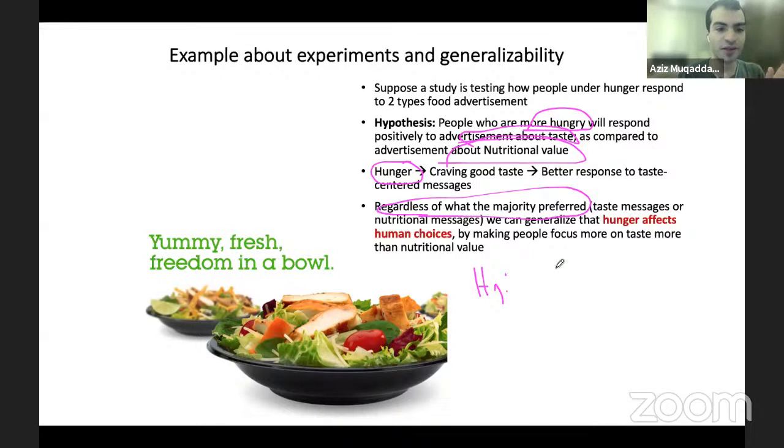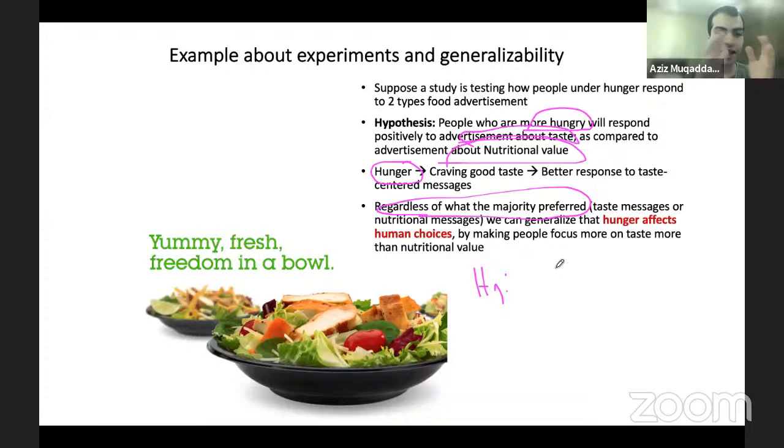The point of an experiment is to say, okay, under no hunger, so under the control condition, 20% like taste messages and 80% like nutrition, for example. But under hunger, that 20% increased to 30% that prefer taste and 70% that prefer nutrition. So you see, it's still a minority, but compared to the control, it actually increased.